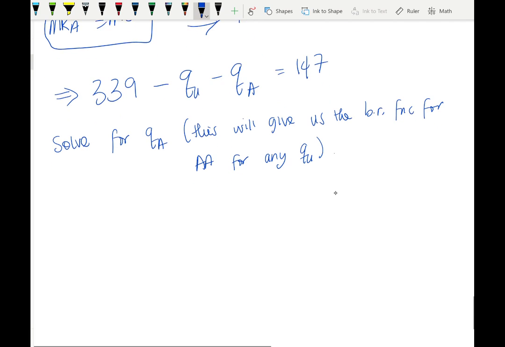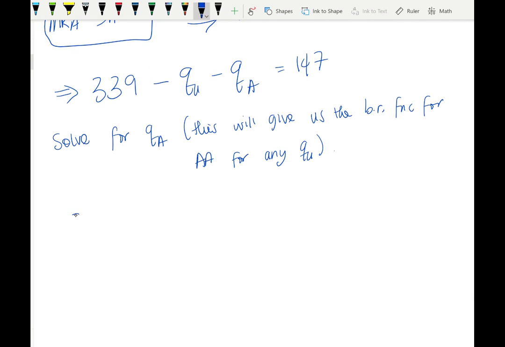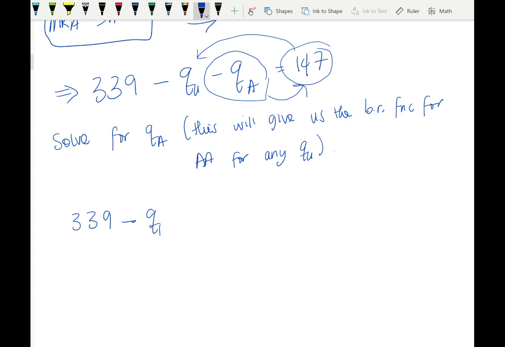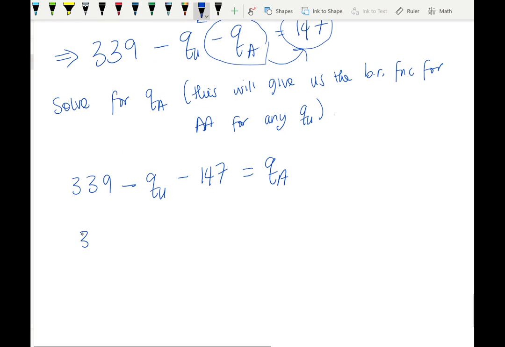Okay, so we have 339 minus QU minus 147 is equal to QA. I'm just rearranging some terms now.